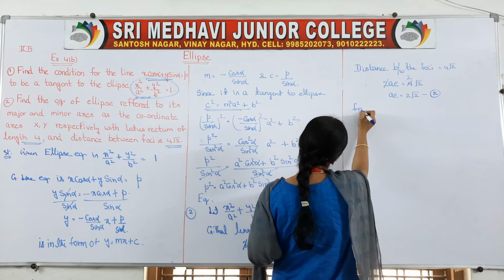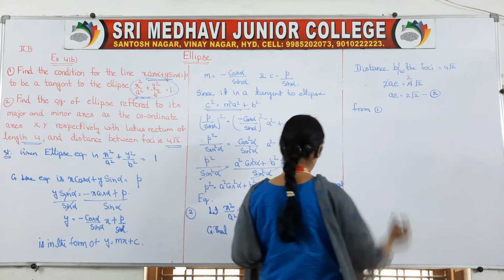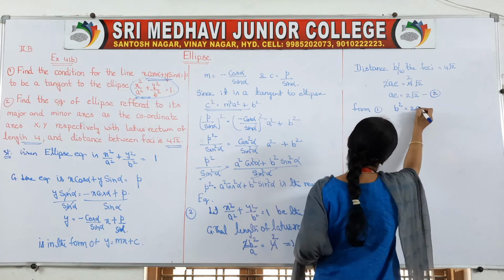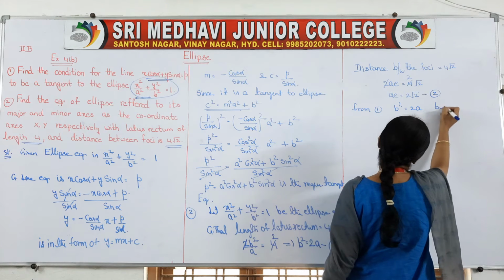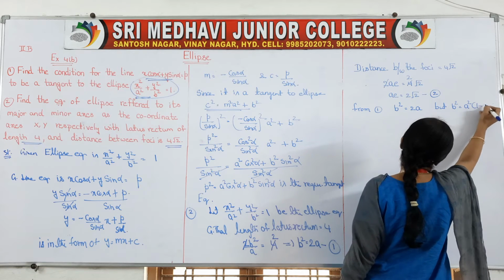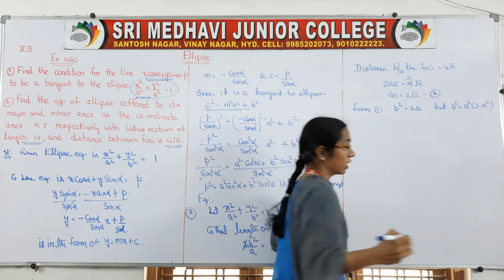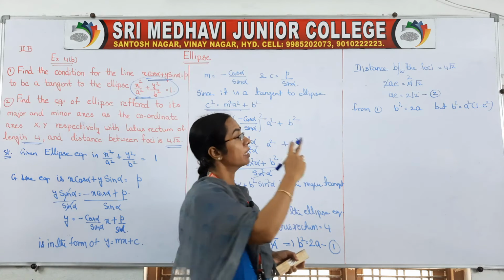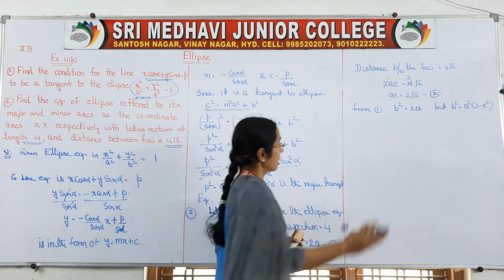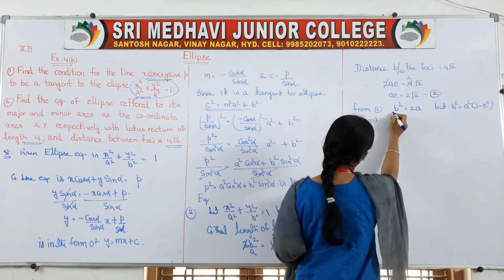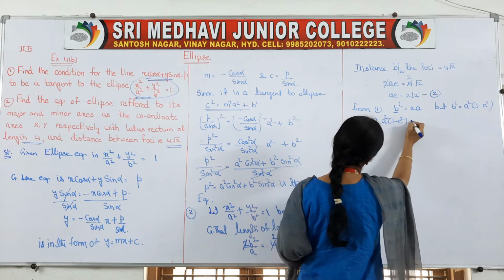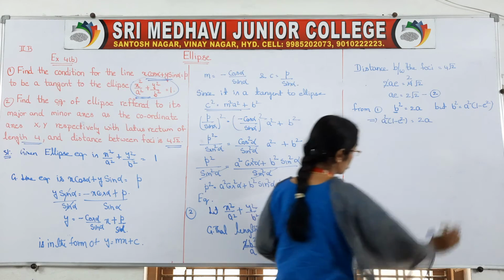So from 1, what is our first equation? It is b square is equal to 2a. But we know the formula for b square: it is a square into 1 minus e square, if a is greater than b. So instead of b square, we can write a square into 1 minus e square is equal to 2a.